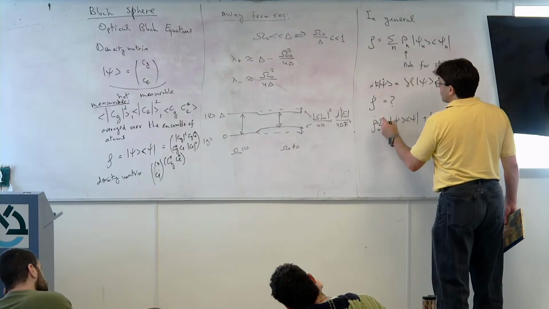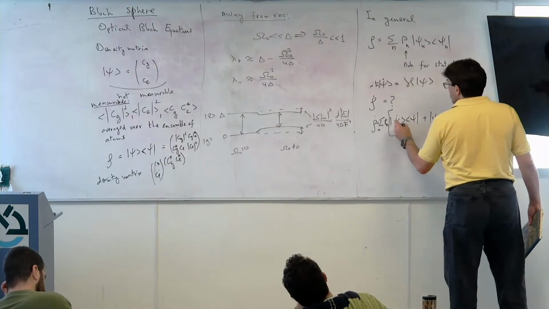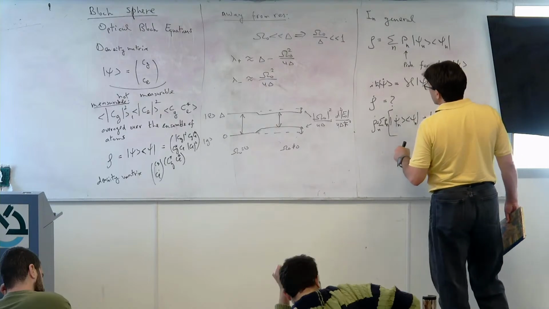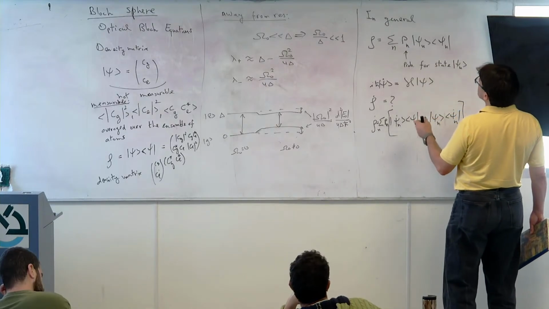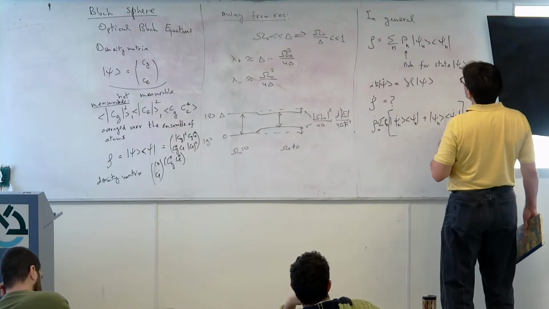So I can have here sum over n, Pn. Assuming that the different, well, we should be careful a little bit. No, that's actually okay.